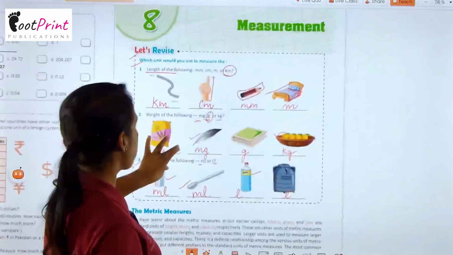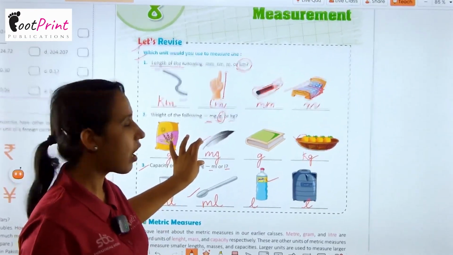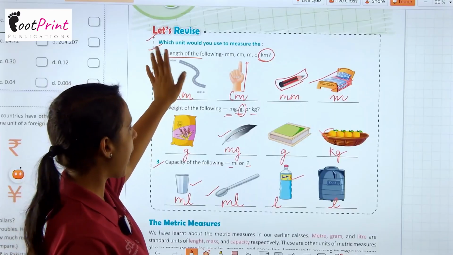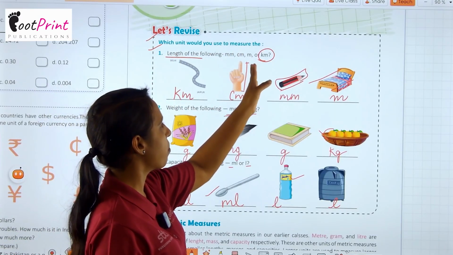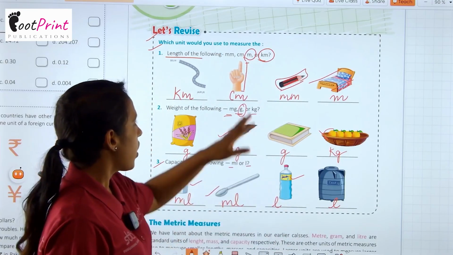So we have 3 measures here, and we also learned about them in the previous class. Here we have length. For length we have the units millimeter, centimeter, meter and kilometer, and the standard unit for measuring length is meter.